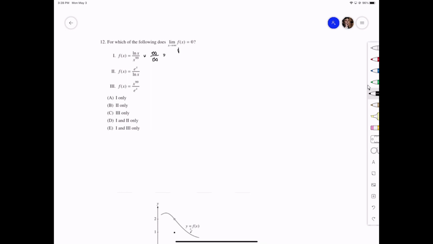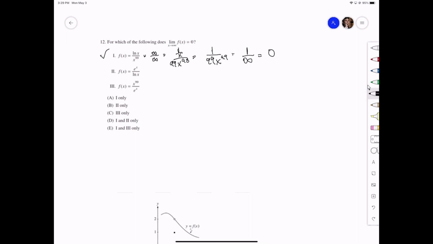So you can do 1 over 99x to the 98, which is 1 over 99x to the 98. And as you approach infinity, it becomes 1 over infinity, which is 0. So the first one works.